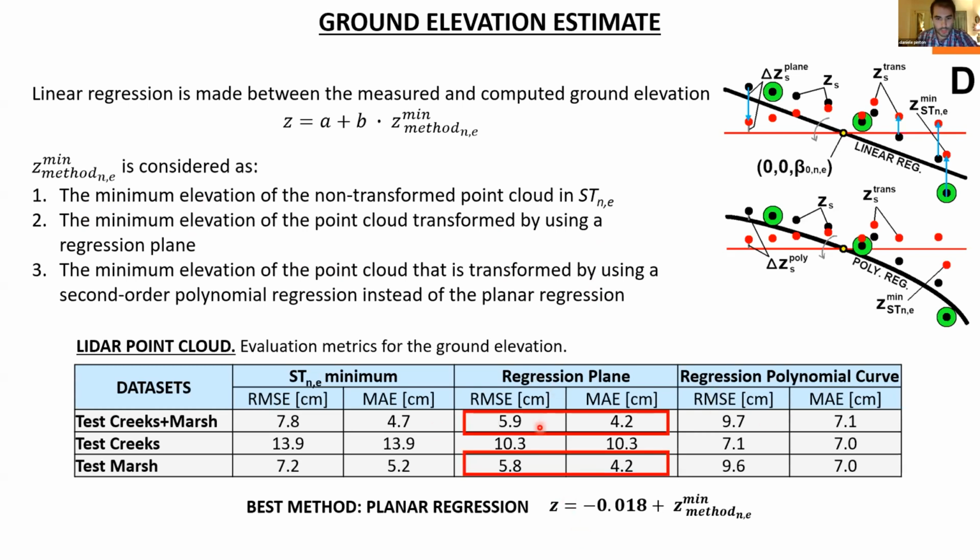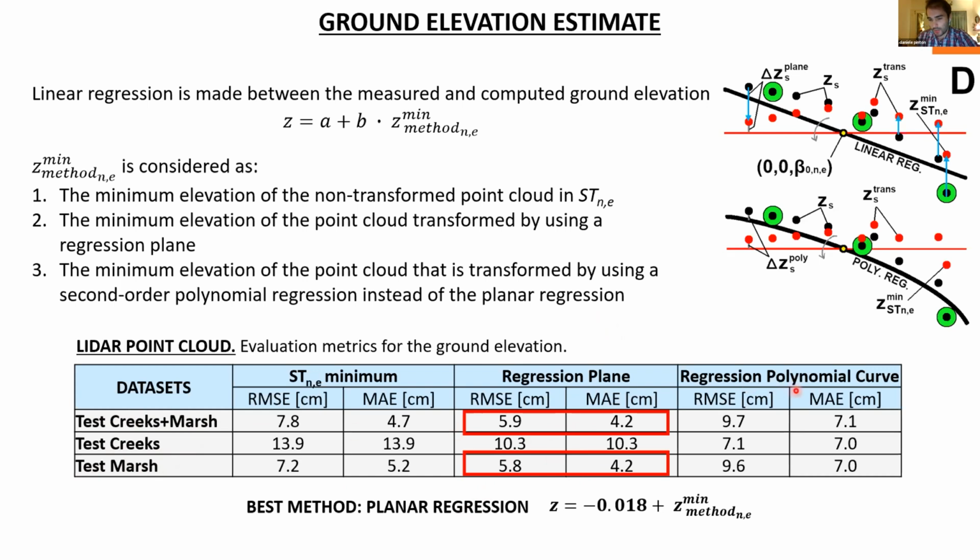As you can see, they are divided because I collected data on the creeks and on the marsh. And this is the interior data set, so all the data collected in the salt marsh. And you can see basically that the regression plane has the best results for the total data set and also for the marsh data set.